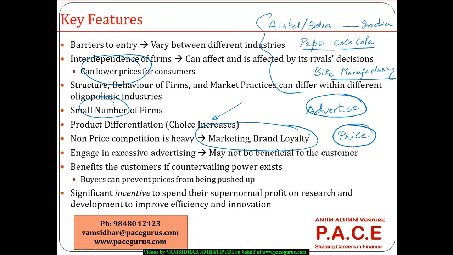In some cases, it can create some kind of false luring of the customer, which will not be beneficial to the customer. If the buyers can prevent the prices from being pushed up, which is what we call countervailing power, then the buyers are very much benefited through this kind of mechanism.